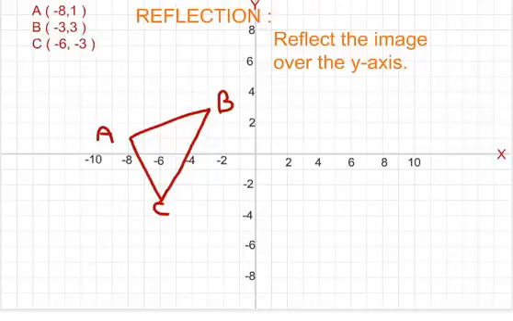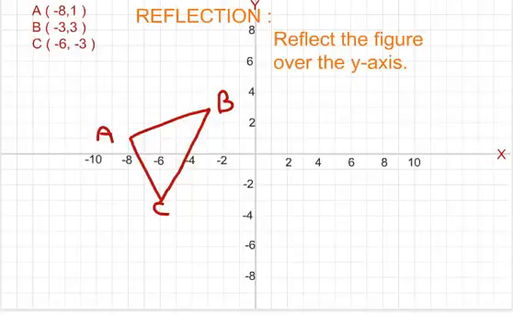If you reflect the figure over the y-axis, you're going to get... Okay, so I corrected what was written there, because it was written reflect the image. It should have been written reflect the figure over the y-axis. So same thing, I'm going to reflect B over the y-axis.